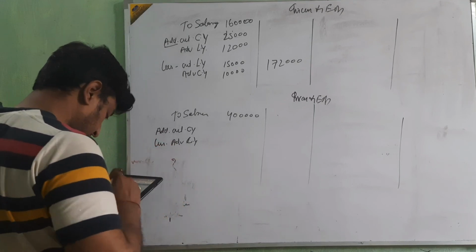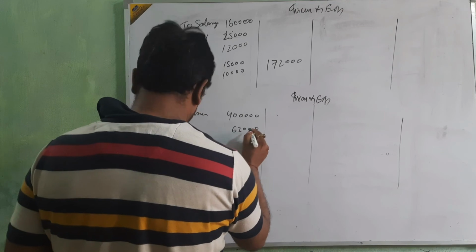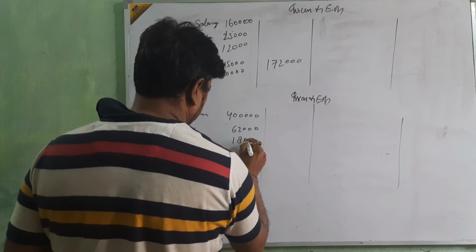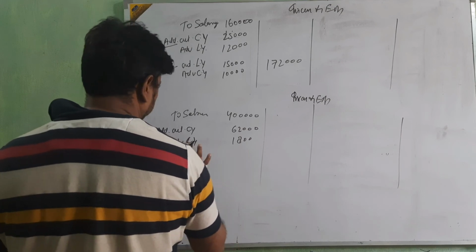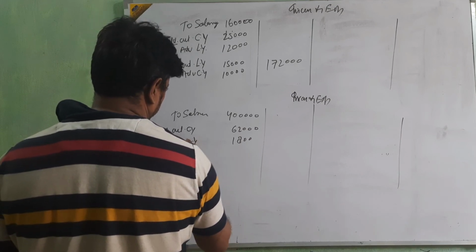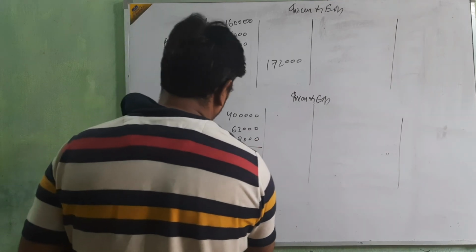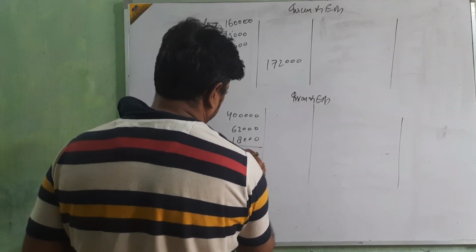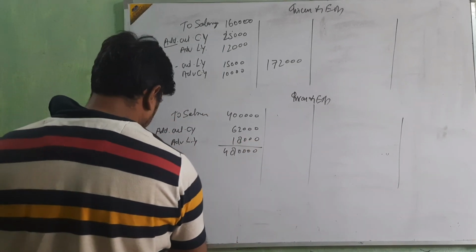First do this, then add 62,000 and 18,000. Is that the current year or last year? That's last year, beta. Add both, this advance of last year. The total amount is 480. Okay beta?